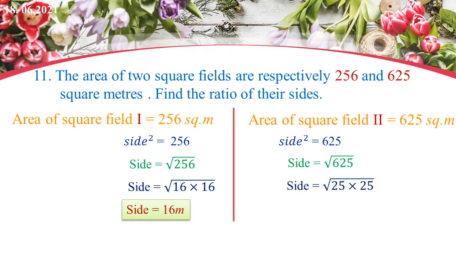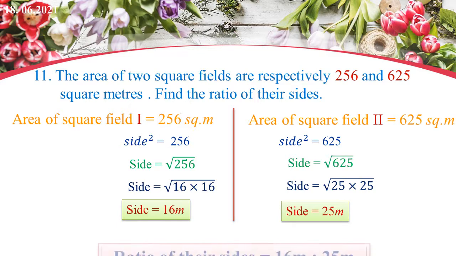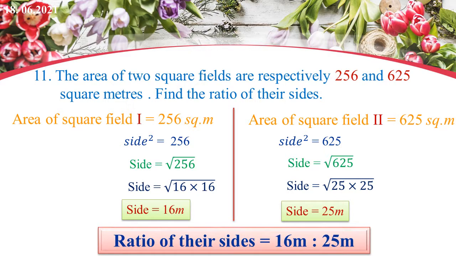The factors of 625 are 25 into 25. So, choose one factor from the similar pair. So, side equal 25 meter. So, side of the second square field is 25 meter. Therefore, the ratio of their sides equal 16 meter is to 25 meter.